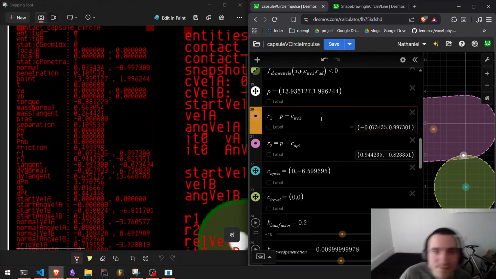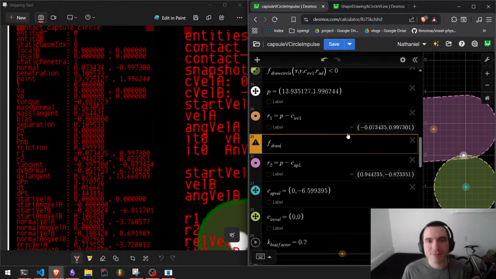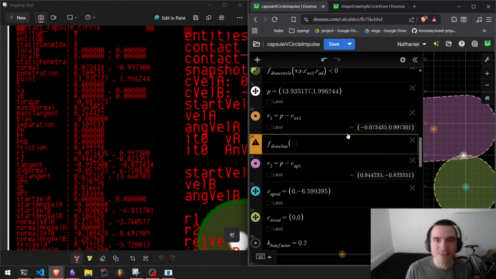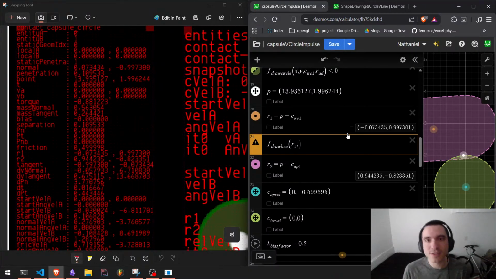Long, long time. So anyway, R1 is the lever arm between the contact point and the circle. I could probably draw them for you. Let's draw a line there. With our handy little draw line function, we'll draw a line from R1 to the center of the circle, right?